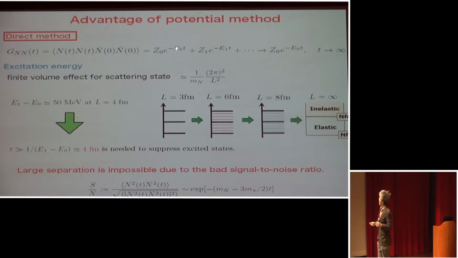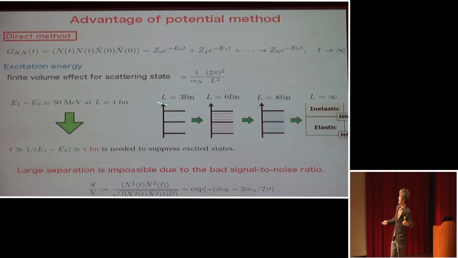We know the excitation energy. Since it's scattering, the excitation energy is that of the scattering state, whose momentum is 2π over L. Therefore, the energy is something like (2π/L) squared divided by M_N. If, for example, the volume is 4 fm, this splitting is about 50 MeV.